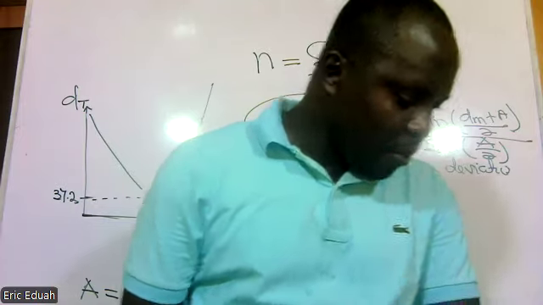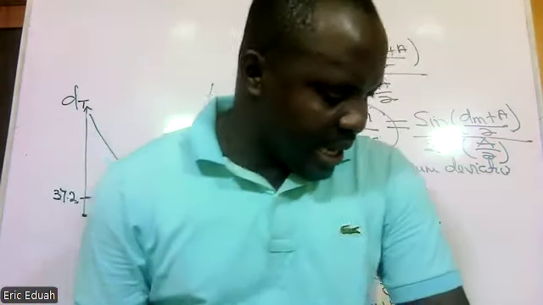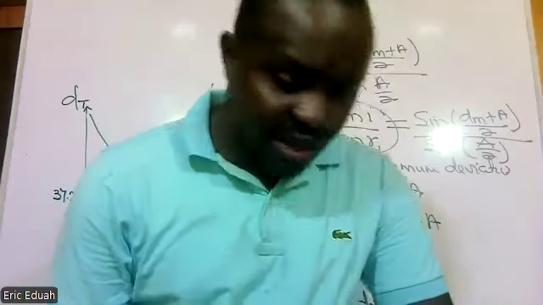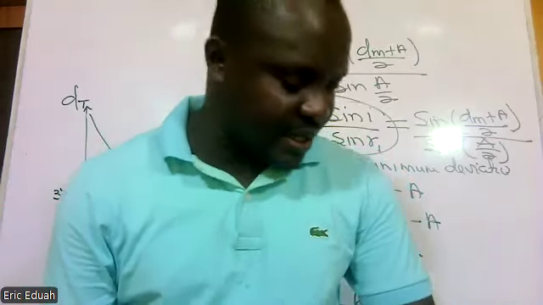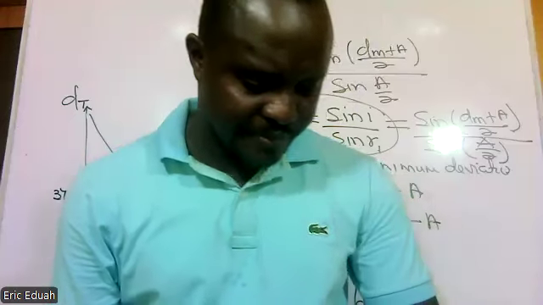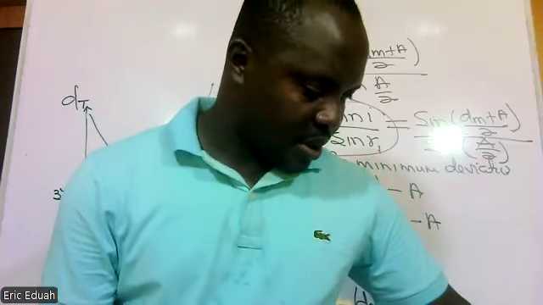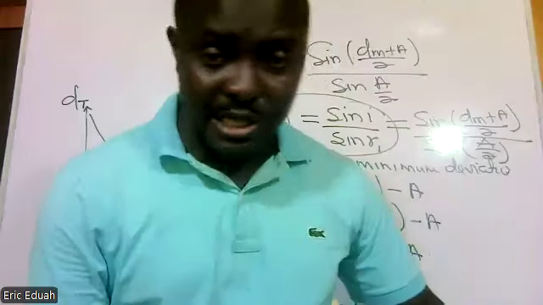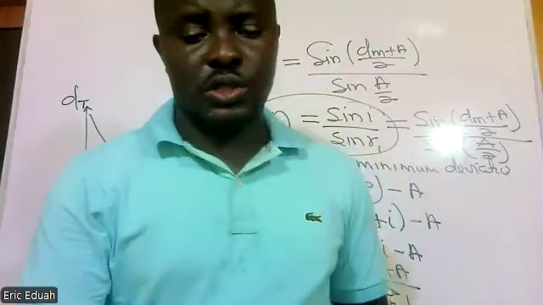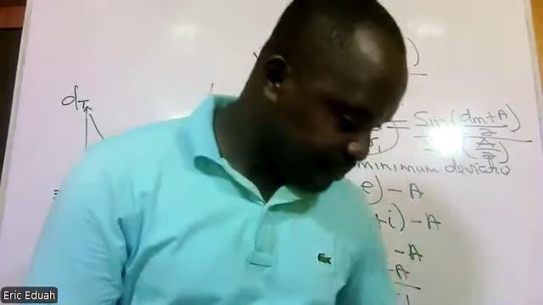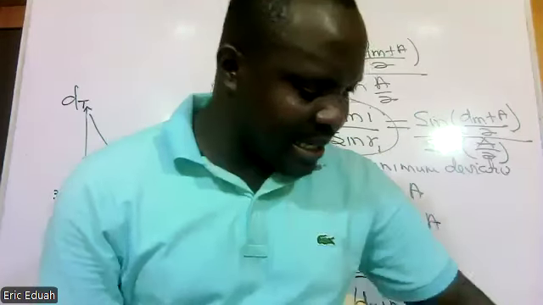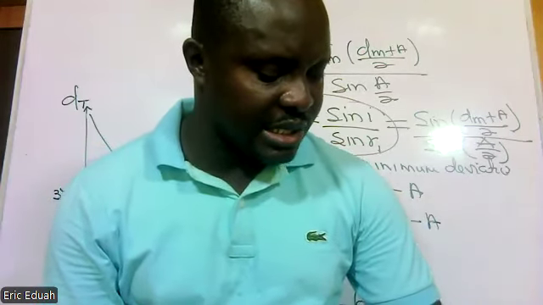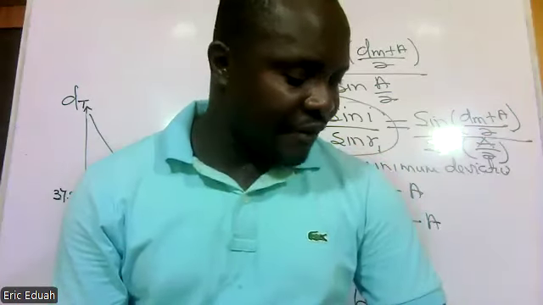If in a prism, the angle of the prism is 60 degrees, A is equal to 60, and the refractive index is equal to 1.52.